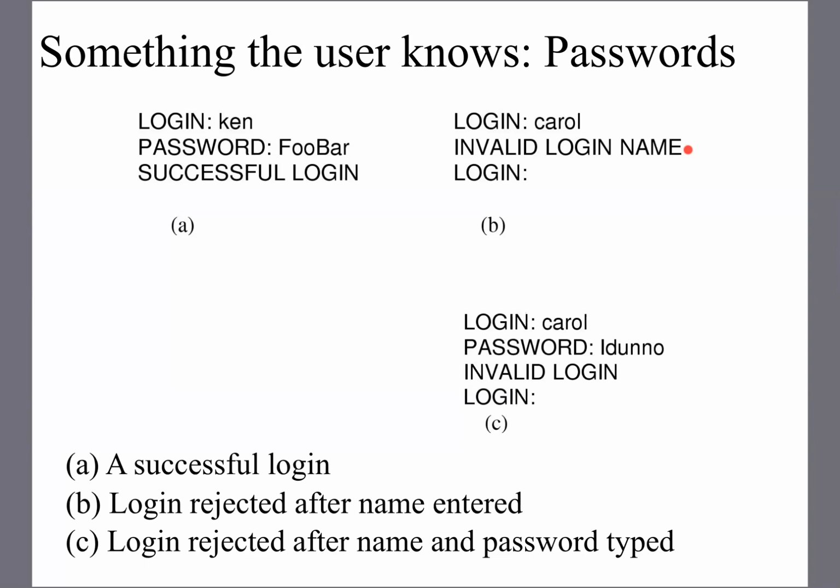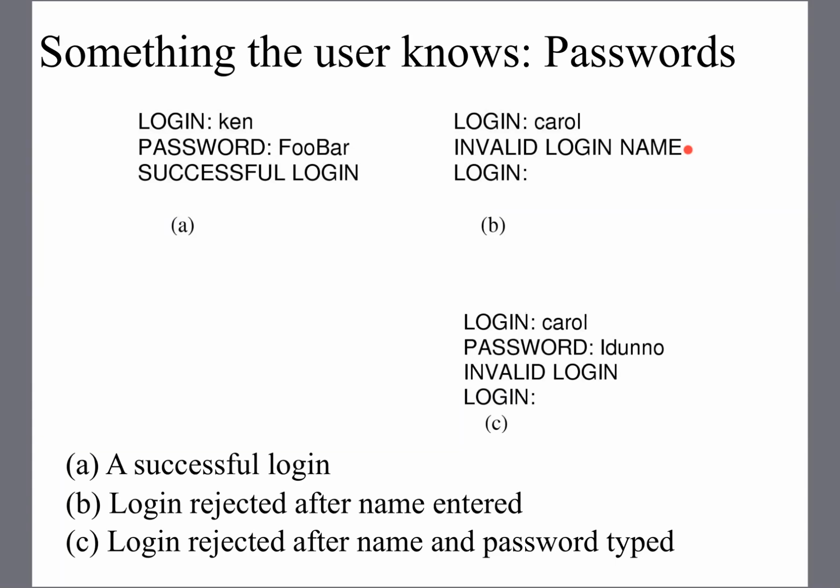If somebody is able to probe the system sufficiently, they can get a pretty well-defined set of who the actual authorized users in the system are, which can be useful for attackers.